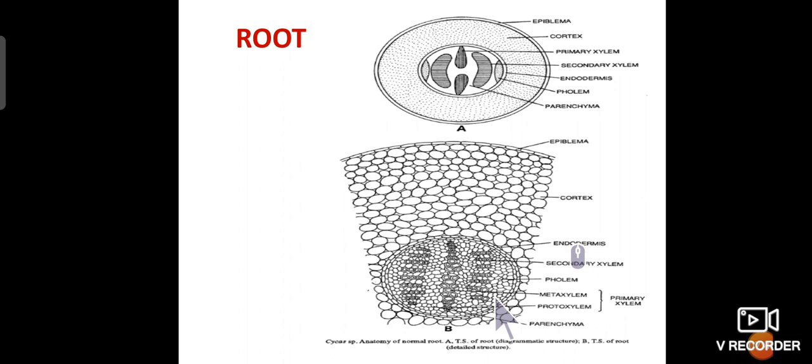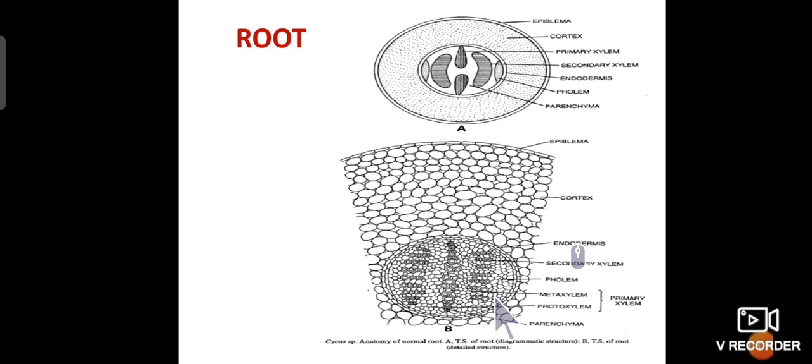And the tracheids here are the water conducting cells of the xylem. They usually have spiral and scalariform thickenings. The thick bands are arranged in the form of scalariform cells.